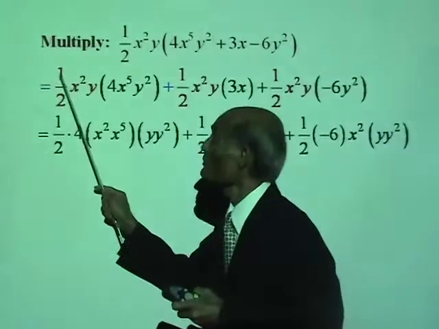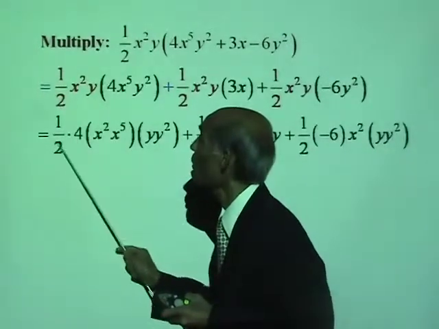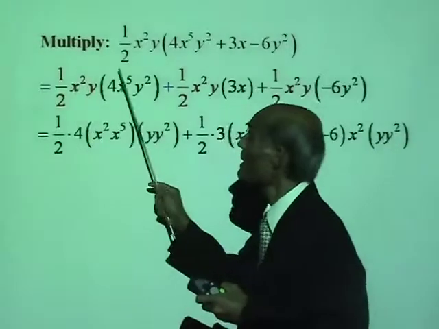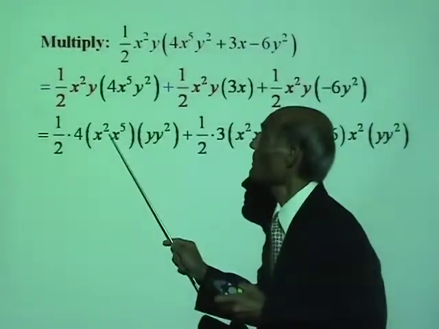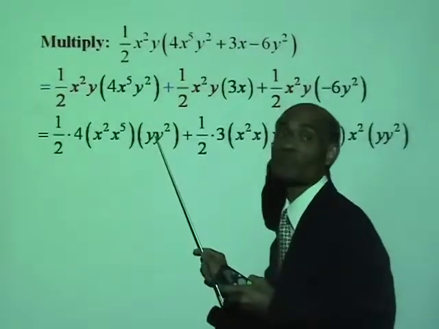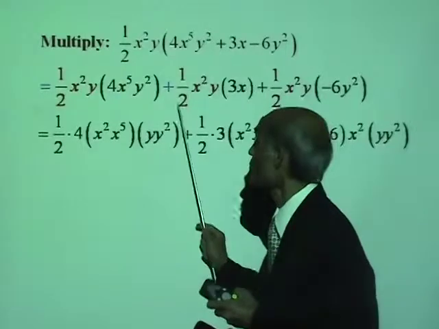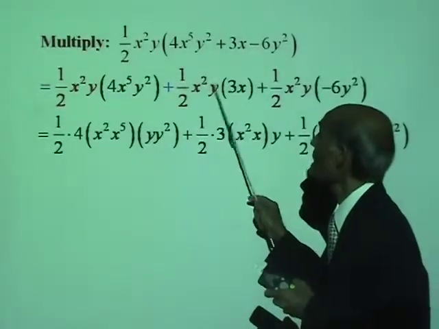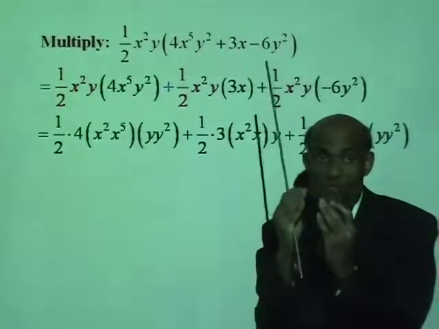Group the numbers first. 1/2 times 4 multiplied by x squared times x to the 5 multiplied by y times y squared. Okay, next term, plus 1/2 multiplied by 3. Always pick the numbers together.